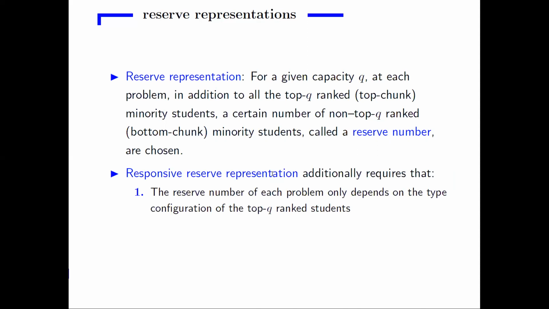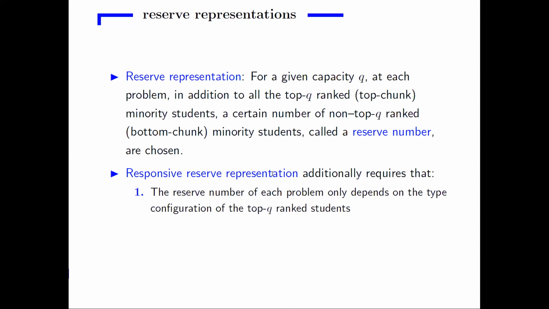Now, here is what we observe. Here is the responsive reserve representation that we suggest. It additionally puts two requirements on a reserve representation. First, this reserve number at each problem should depend on the type configuration of the top Q ranked students, the type configuration of the top chunk students: minority, minority, majority, or majority, majority, minority.